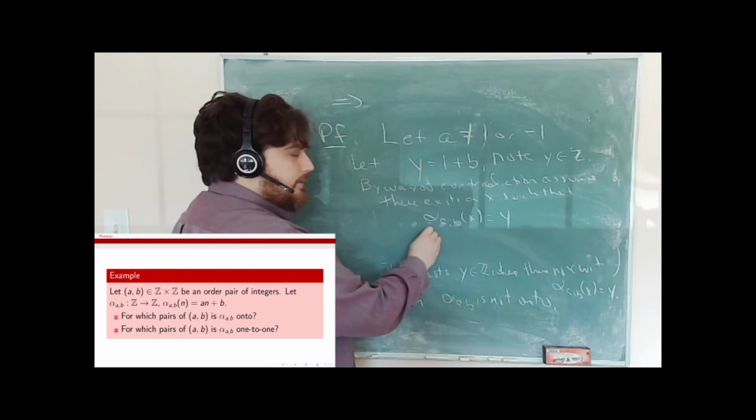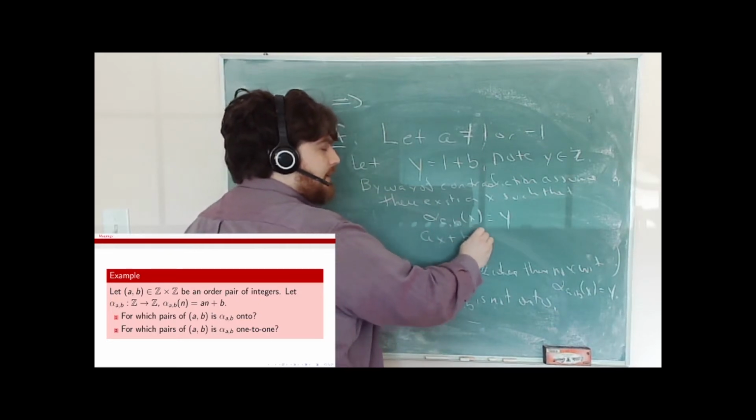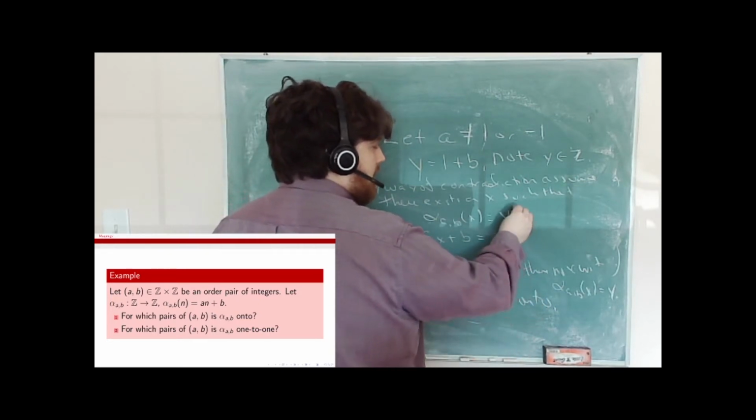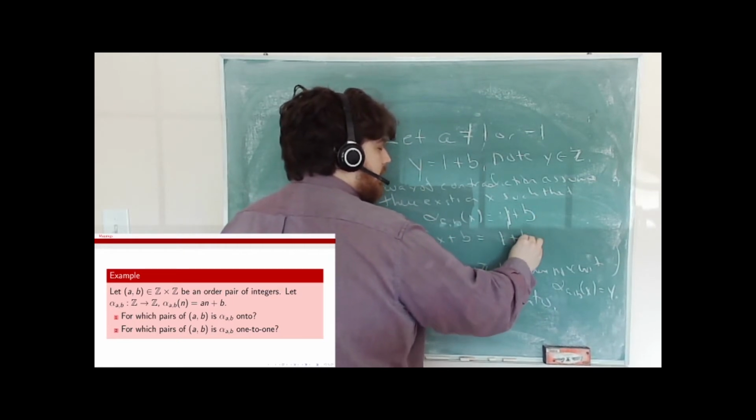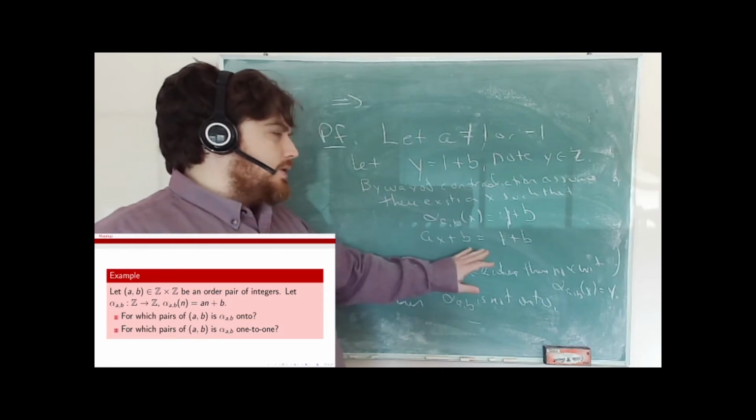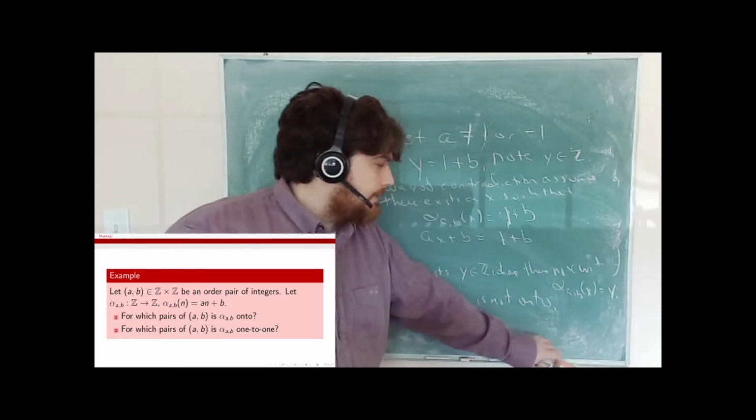Well, what does that mean? That means ax plus b is equal to y. Sorry, 1 plus b was my y, so that's what I plug in for y. So I get ax plus b is equal to 1 plus b.